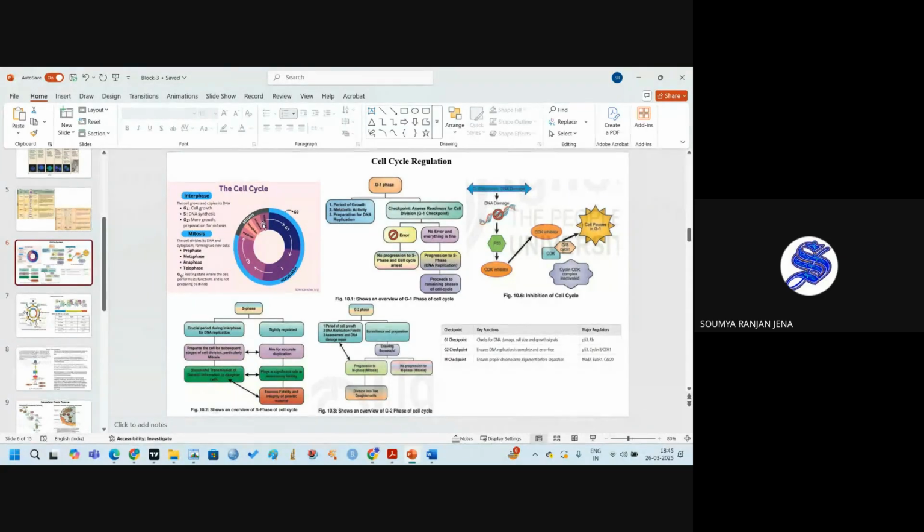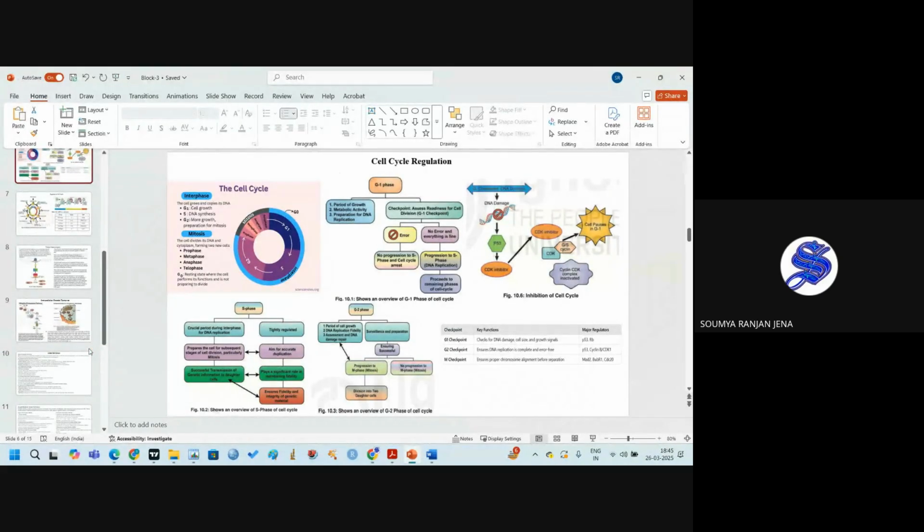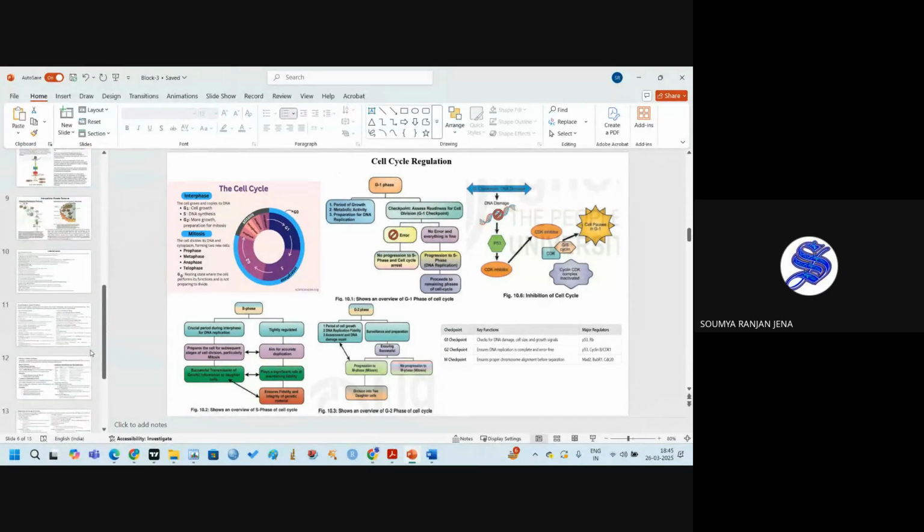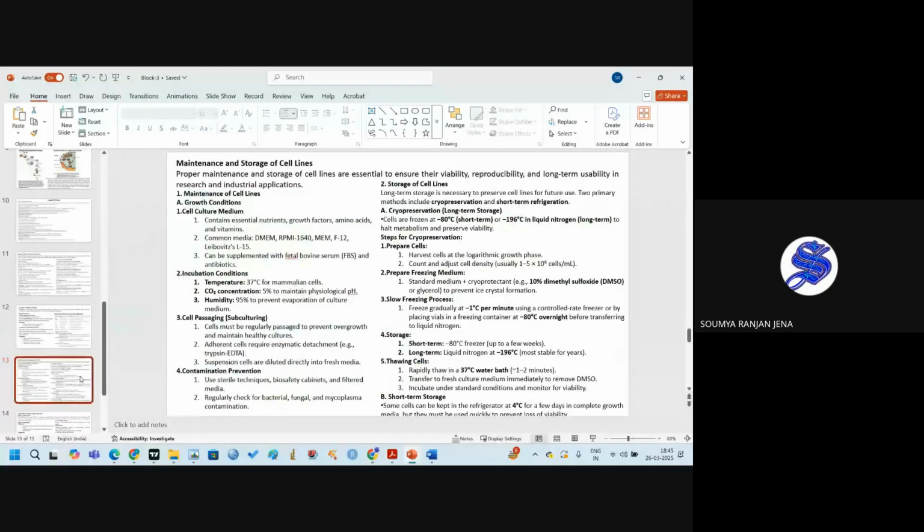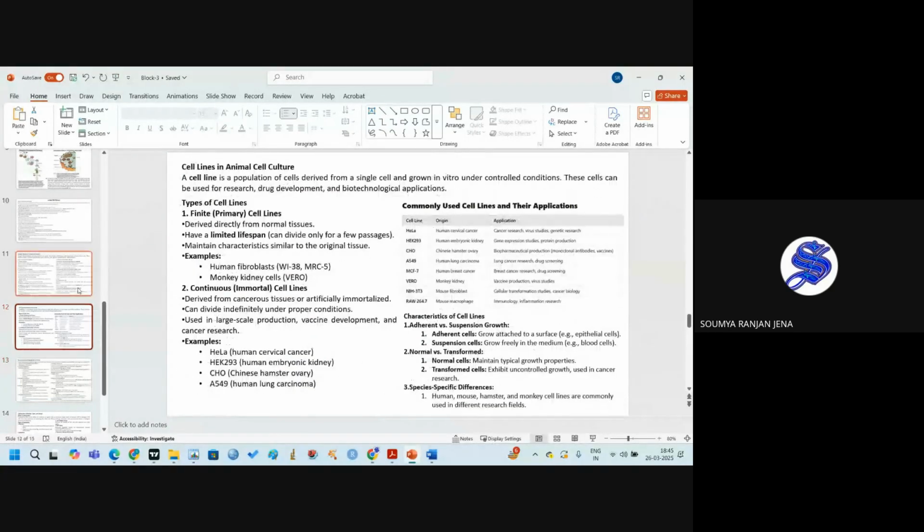One cell produces 2, then 2 cells become 4, then 8, 16, 2 to the power n. And this will form a cancerous growth, uncontrolled. There is no control over there. So any drug will not respond. So that is the major challenge.